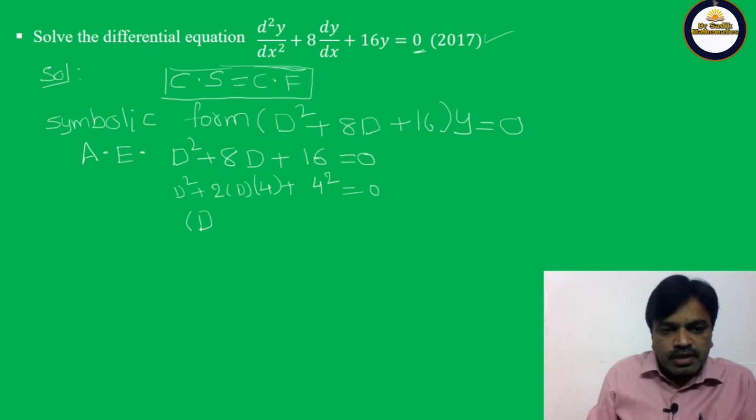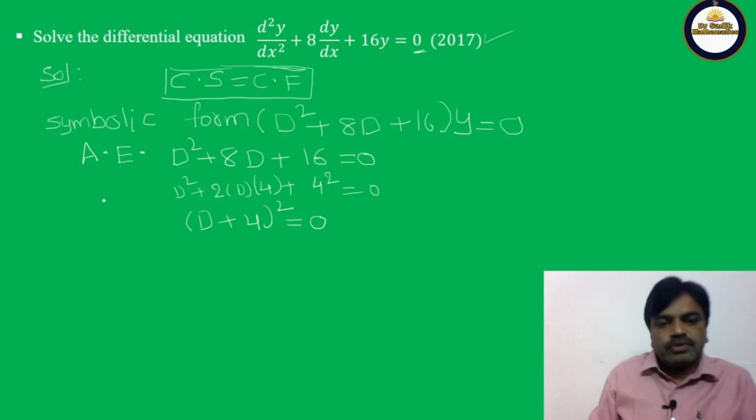So D plus 4 whole square equal to 0. So what are the roots, friends? D is equal to minus 4, minus 4.